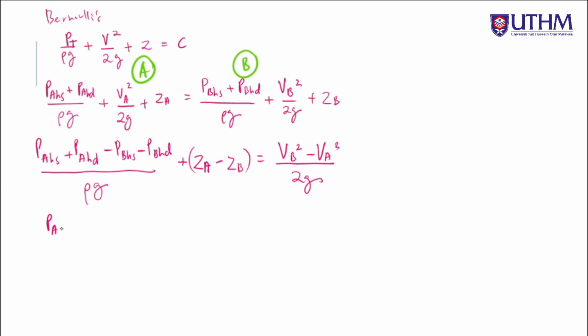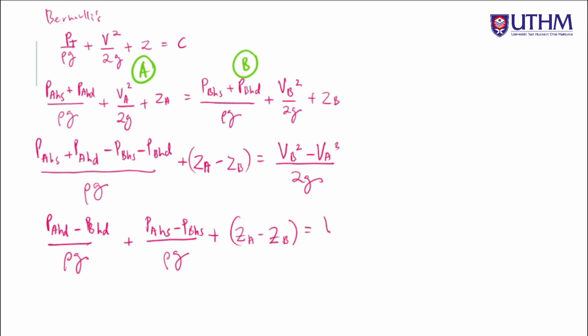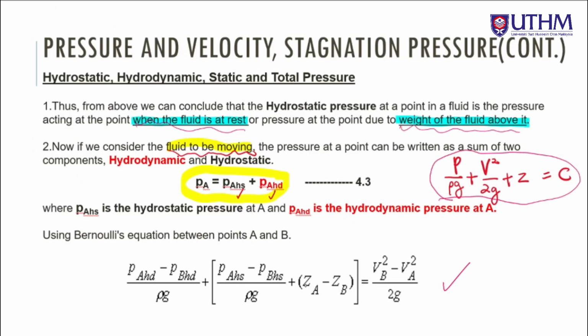So kita buat PAHD minus PBHD over rho G, okay, plus PA hydrostatic minus PB hydrostatic over rho G plus ZA minus ZB equals to, yang ni kita tulis balik lah, right hand side ni, square over 2G. Okay, so sama tak? Kan?